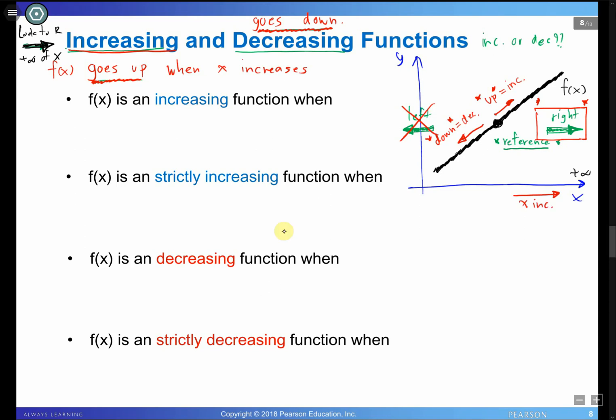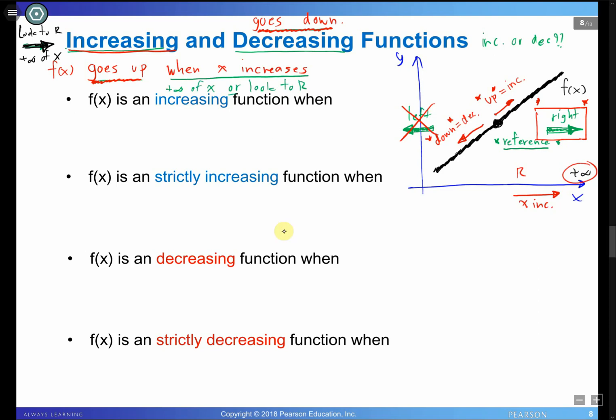So same as to the right and to the positive infinity. So you can make a note right here that when x increases, it's the same meaning as looking at the positive infinity of x, or look to the right, same thing.